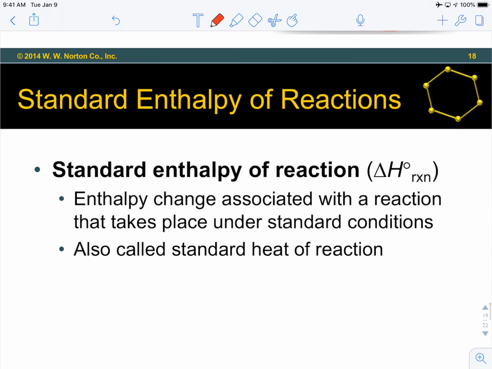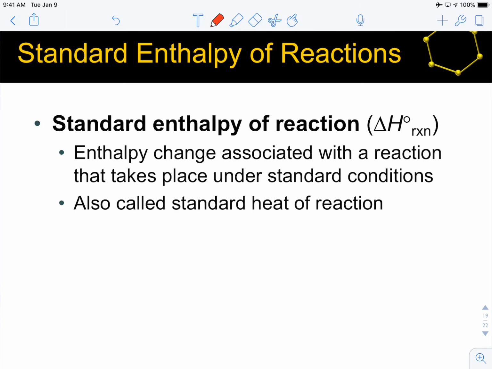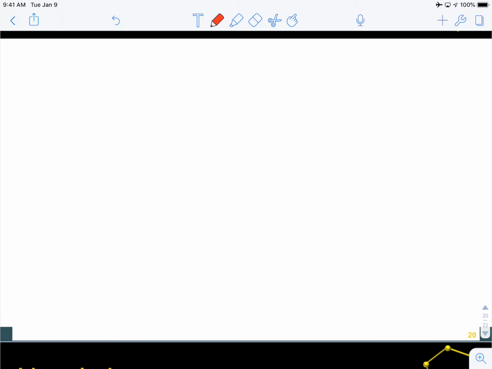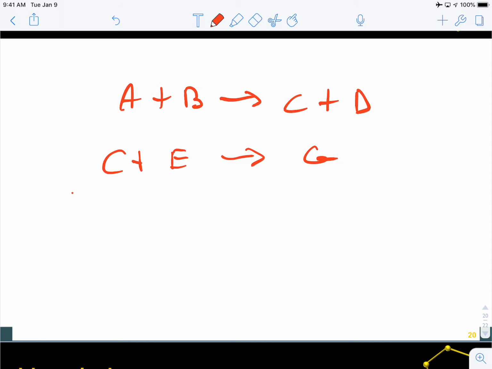Next is standard enthalpies of a reaction. This is what I introduced to you in the very beginning, that chemical reactions have enthalpies associated with them. I think I already covered this. I left this blank to do it, but I did it in the beginning. If we have a couple reactions, I'll do it a little differently here, and say we have another reaction that has C plus E going to G, for instance, you can sum up these reactions.